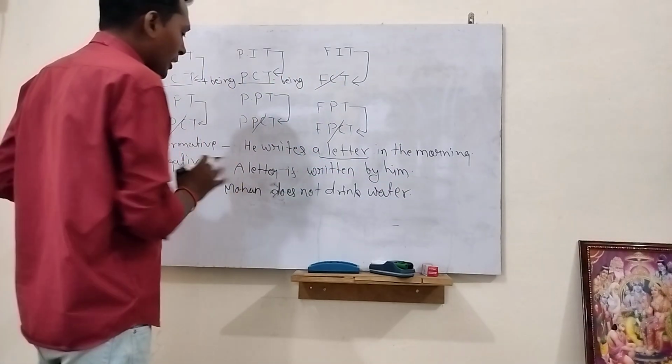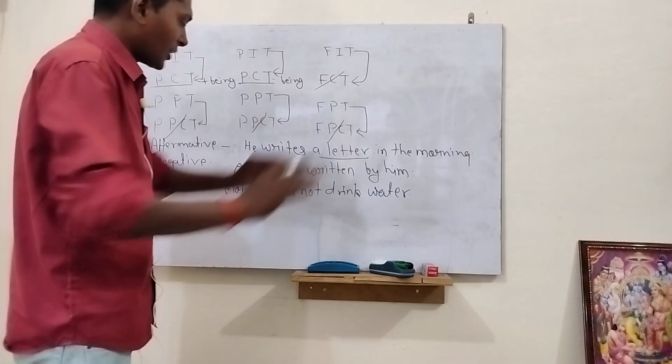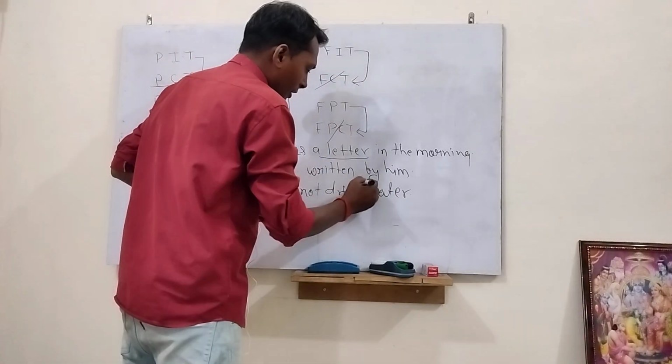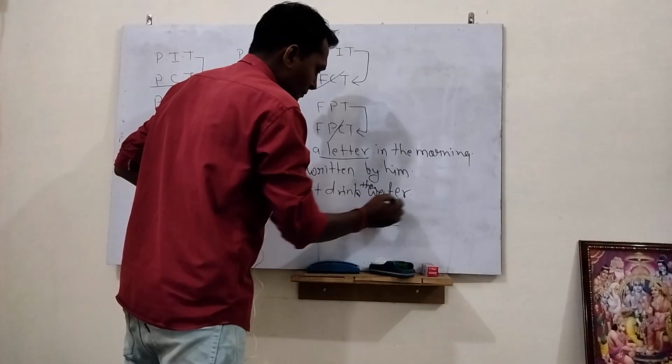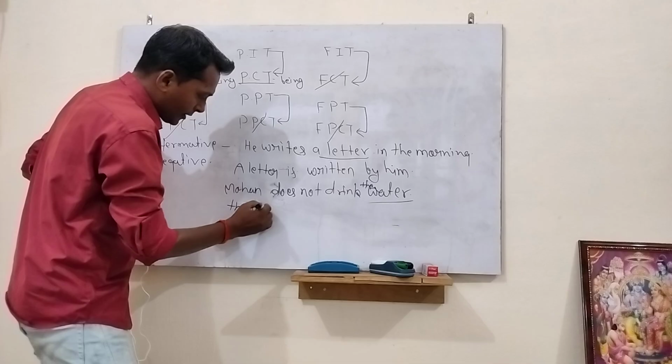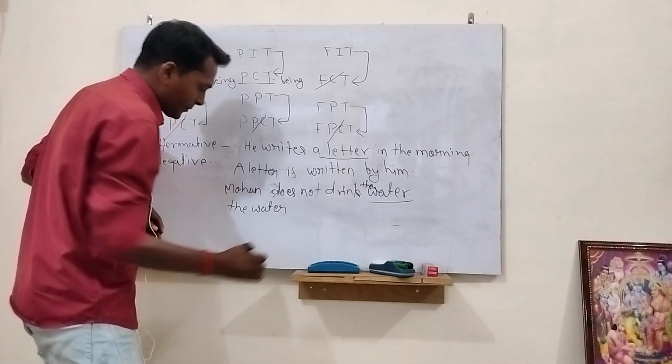Now affirmative and negative we will take for this so that we can understand easily. Now drink the water. Here we have to use the. So what will be the object? The water will be an object.